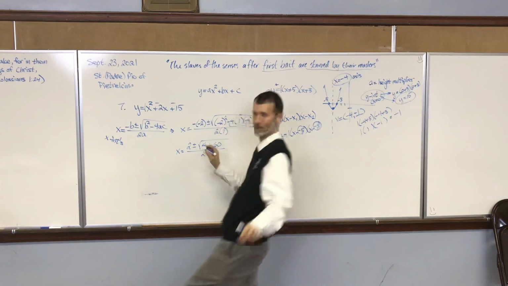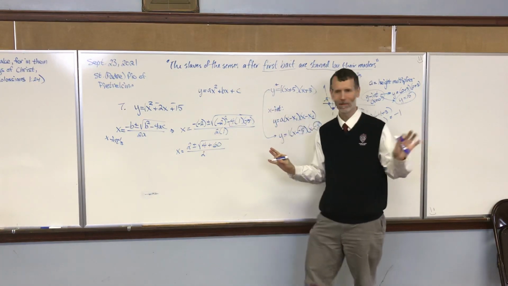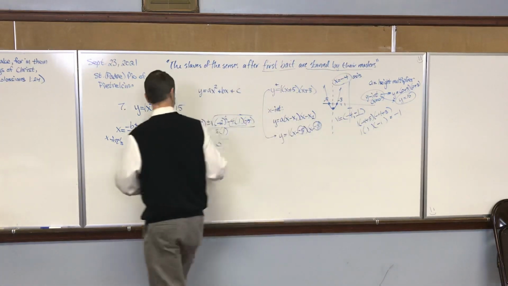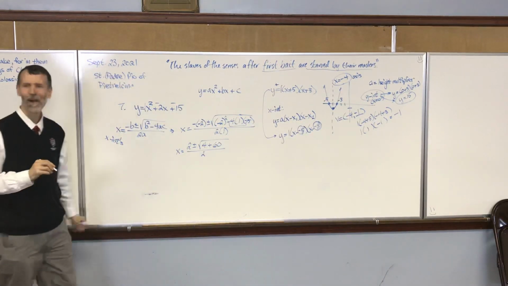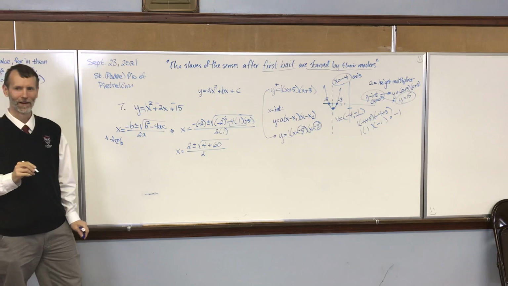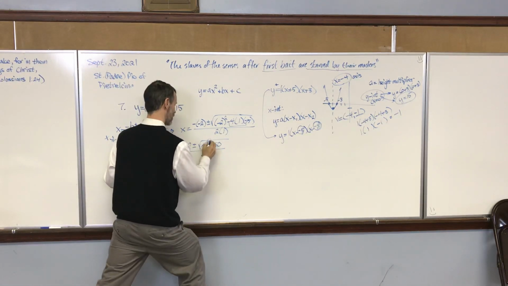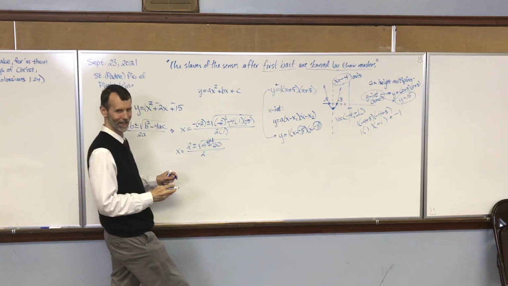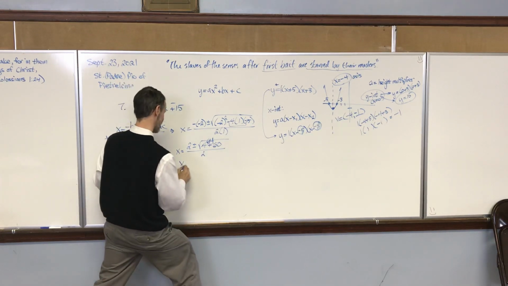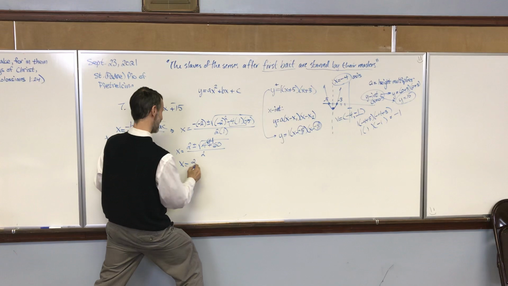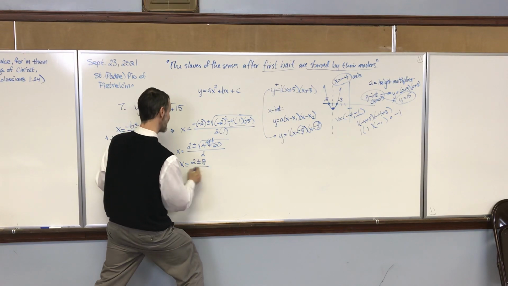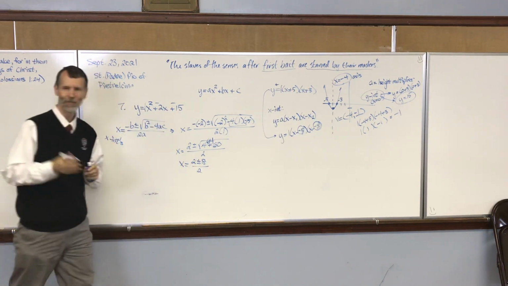All divided by 2. Super. All right. Megan, take over. What would you do next? What is the square root of 64? Right. 2 plus or minus 8 over 2. Give me the 2 answers, if you would.